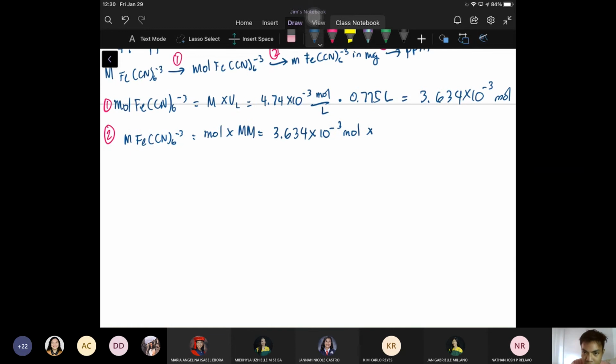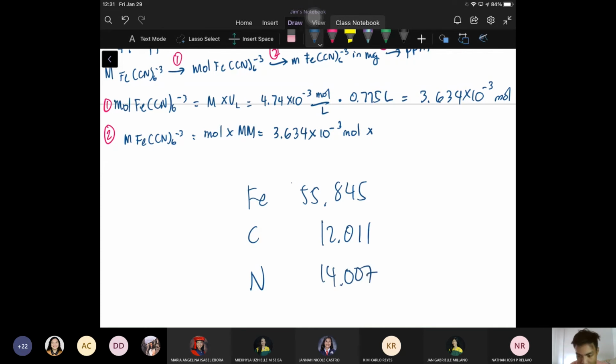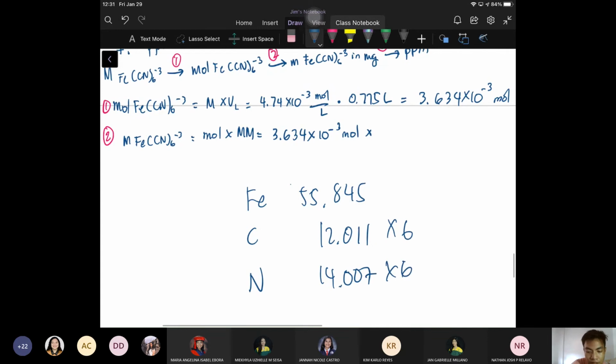Huwag nyo papansinin yon. So, ang kailangan mo ay yung Fe, yung 6 na carbon, and yung 6 na nitrogen. Okay? So, yung iron, hanggang ngayon, hindi ko pa rin kapisado. So, that's 55.845. Carbon, 12.011. Nitrogen, 14.007. Okay? So, times 6 yung dalawa because of the subscript outside the parenthesis for the cyanide ion. Okay? So, kunin mo yung molar mass niyan. Solve lang natin.